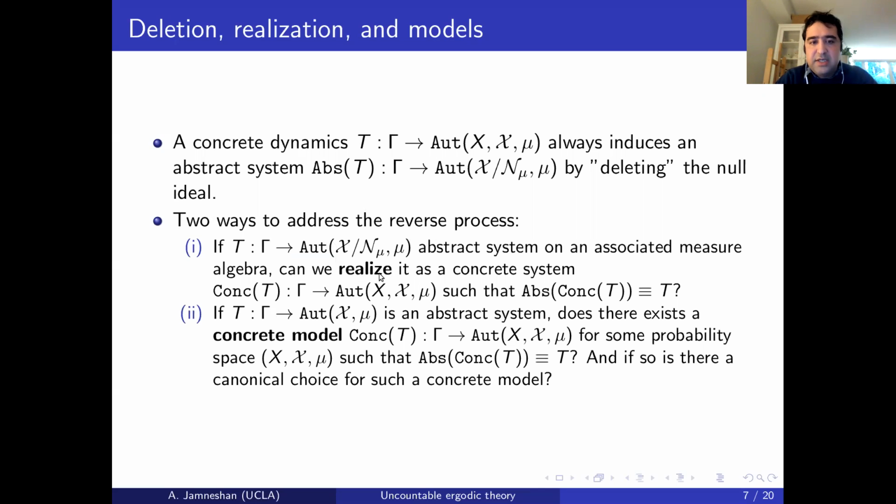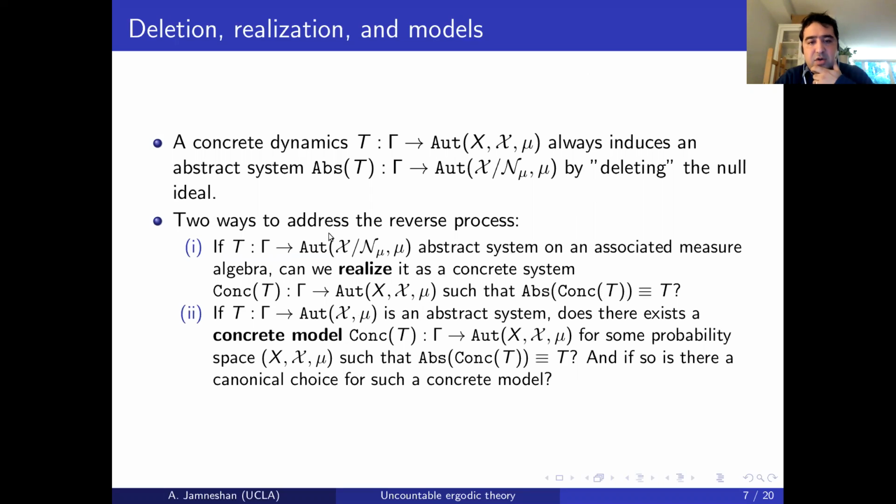And there are very natural examples which happen to be of this form. Then we can ask if there is a way to realize that action on the original probability space. So if there is a pointwise dynamics which is isomorphic to the abstract dynamics once we do this deletion process to the concrete representation.